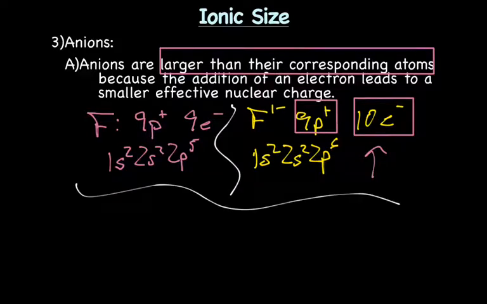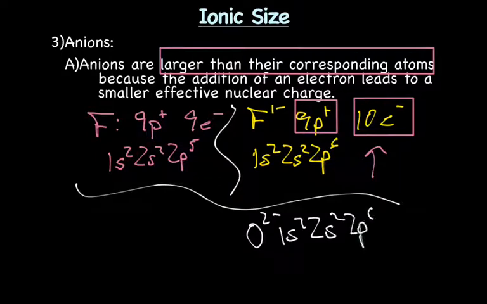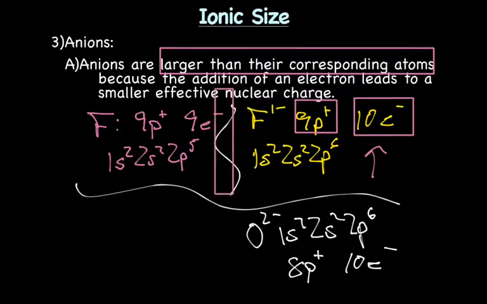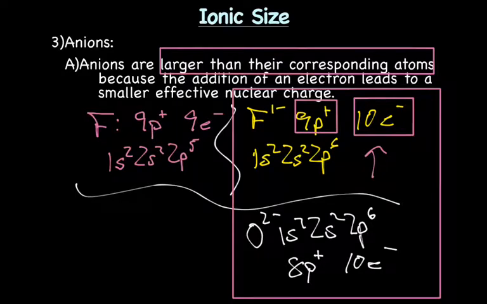If we were to take oxygen, oxygen is O2 minus, right? So it's going to be 1s2, 2s2, 2p6 as well. However, oxygen only has 8 protons and still 10 electrons. So of these two, fluorine ion and oxygen ion both have 10 electrons, but fluorine has 9 protons and oxygen has 8 protons, right?